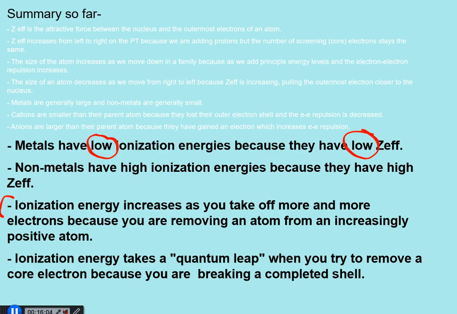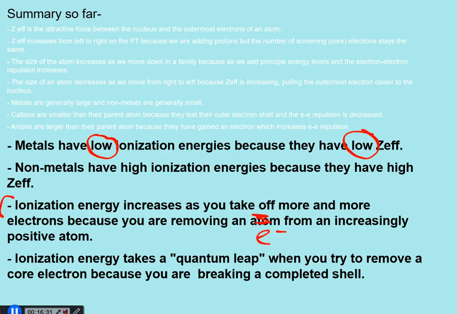Ionization energy increases as you take off more and more electrons because you are removing an electron from an increasingly positive atom. We said that a few times, right? As we remove an electron, it becomes a positive ion. That makes it even more hard to remove a negative from the positive.